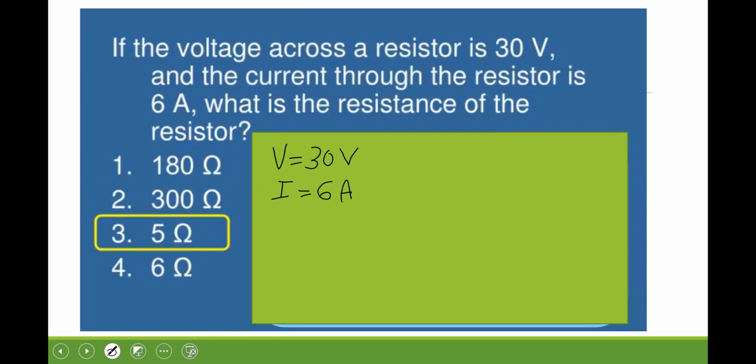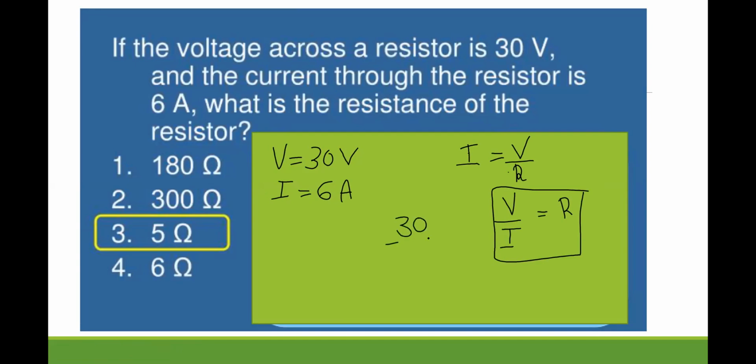I have V and I have I, and I need to find R, without memorizing them. I remembered that I is V over R. I need R, so I just swap I with R. So I will say V over I is R. Then V is 30 over the current, which is 6. So I have 5 ohm, which will be this choice.